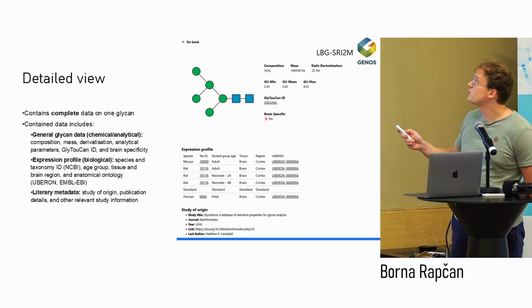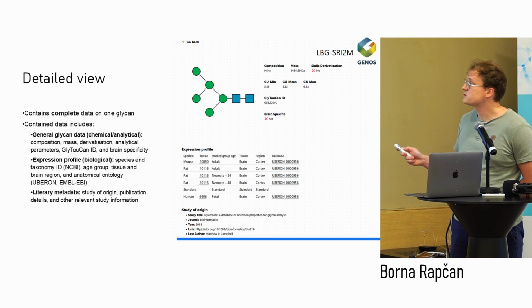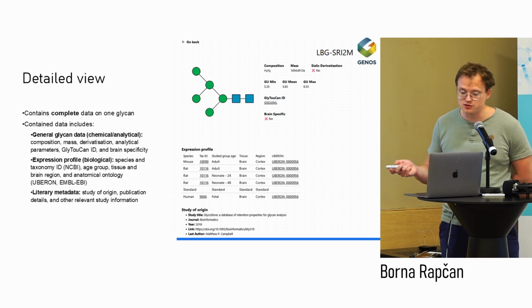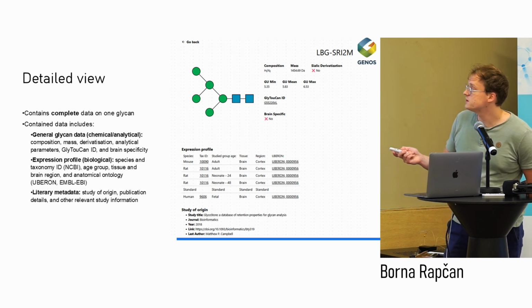So GU units, composition, mass, then biological information is in the expression profile, which has species, taxonomic ID, which connects it to a PubMed database of species, then studied group age, because the glycome can change based on age of the studied model species. Then we have tissue of origin, brain region, and Uberon code for the region of organ.